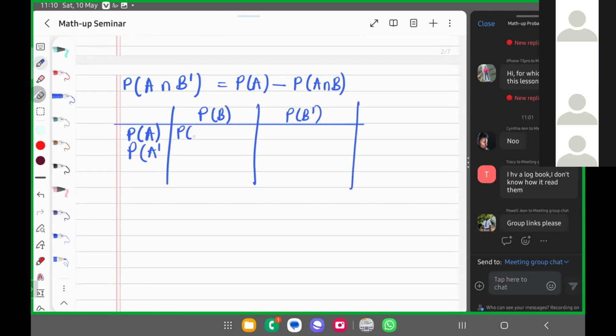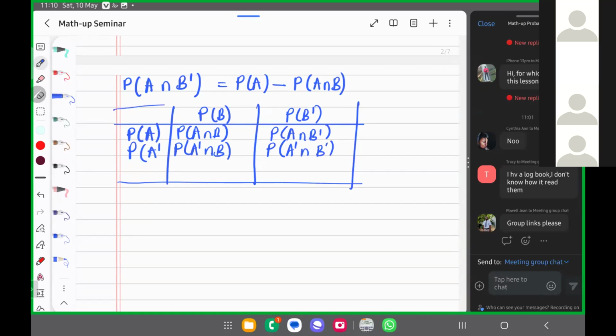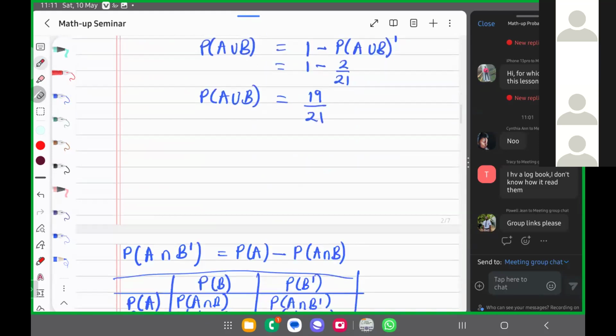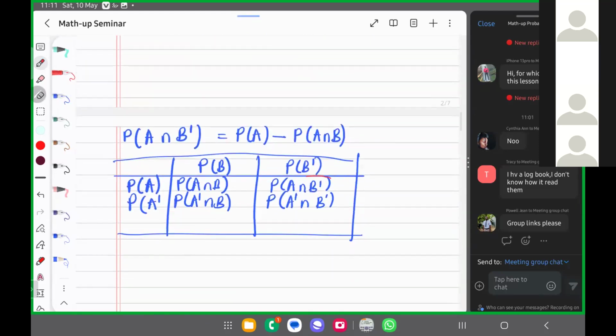So I would have probability of A intersection B, then probability of A intersection B complement, then probability of A complement intersection B, and probability of A complement intersection B complement. The probability of A intersection B complement that I'm looking for is right over here.